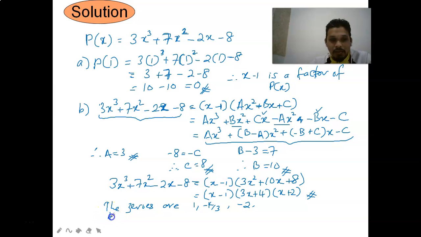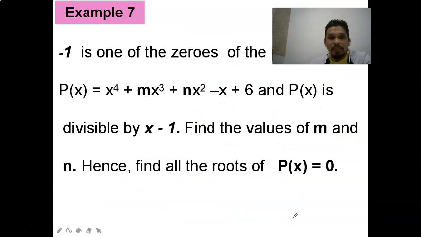So then the roots are x equals 1, x equals negative 4 over 3, and x equals negative 2. Okay, so that's the solution for the example question here.